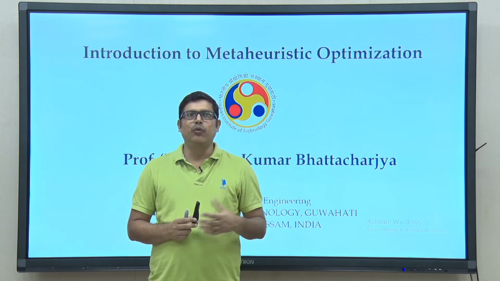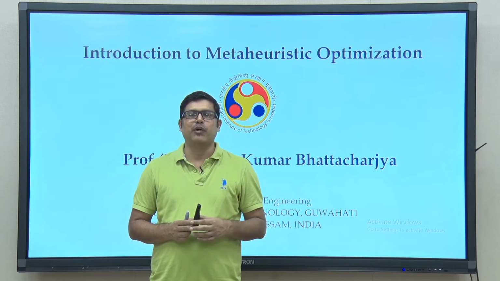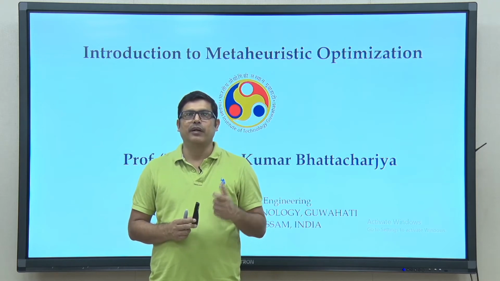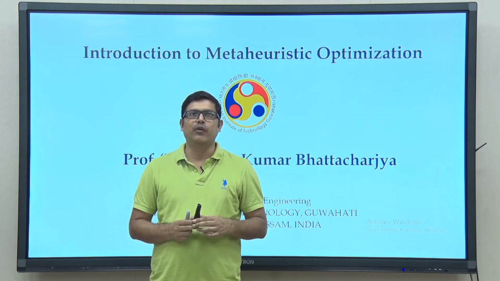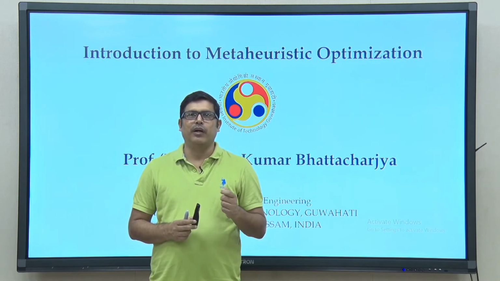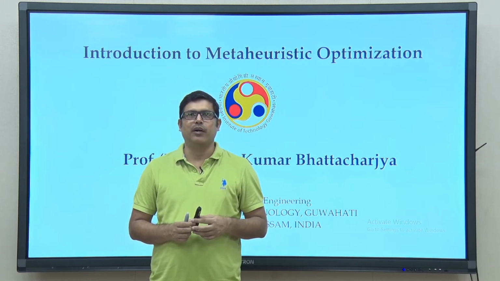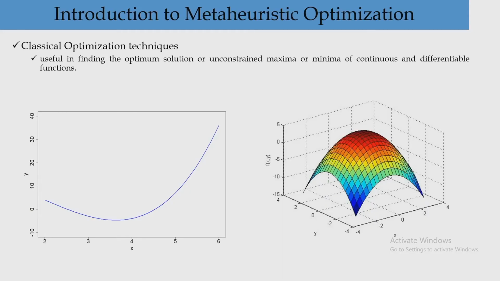So, let us initially look at the disadvantages of classical optimization methods or techniques, and then I will discuss metaheuristic optimization techniques, which are capable of finding the global optimal solution of a non-convex problem or a difficult problem. Okay. So, let us see the difficulties, or you can say disadvantages, of classical optimization methods.